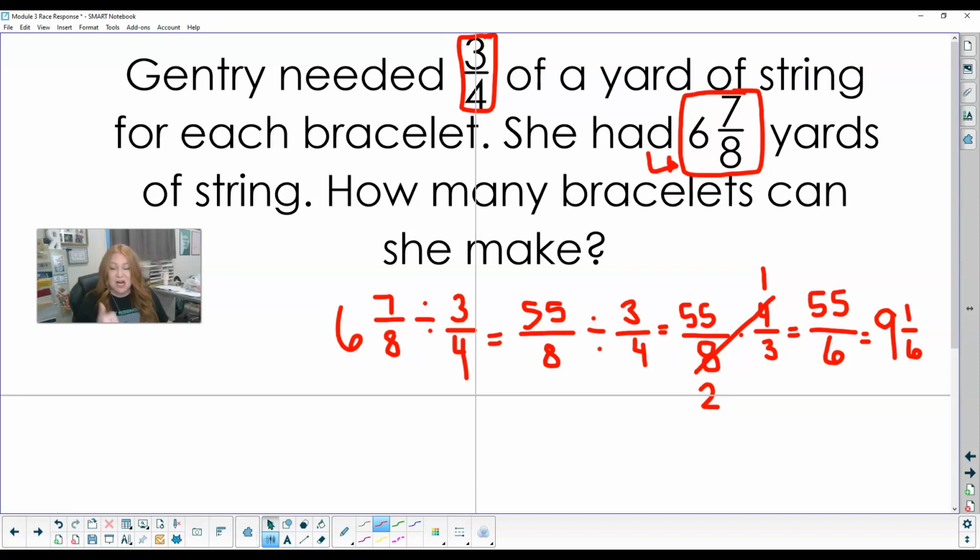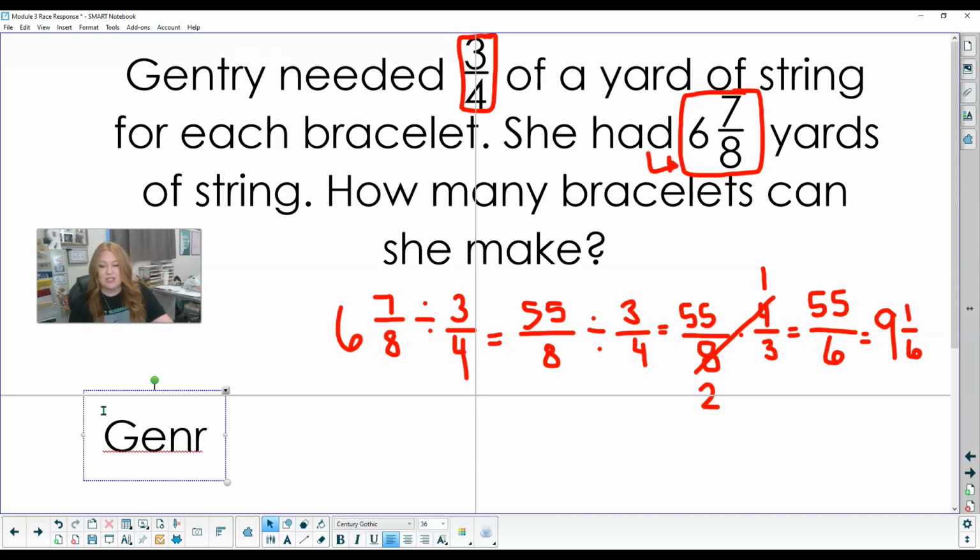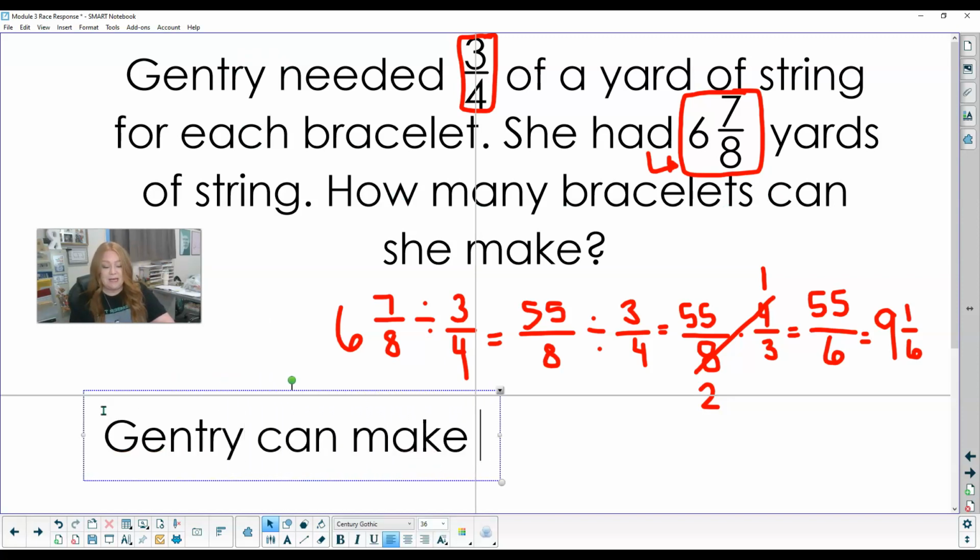So I need to start with R, restate the question. My question was, how many bracelets can she make? She is Gentry. So I'm going to start with Gentry can make, and I'm going to give my answer. So I'm restating the question and putting my answer into one sentence here. So Gentry can make, now she could make 1/6 of a bracelet, but I don't really want 1/6 of a bracelet, right?